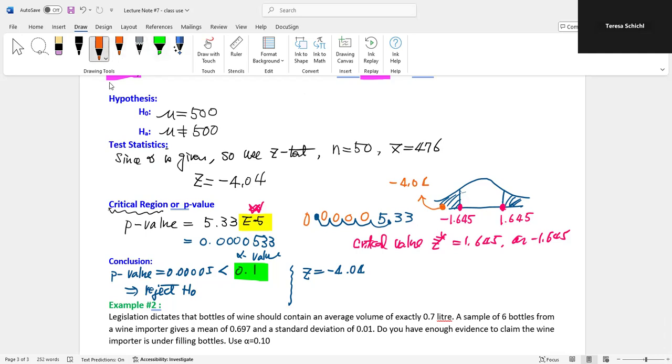So you will say the test statistic is inside. What do we call this shaded area? It's the rejection region. So what is the conclusion? We reject H0. All right, so this is the first part, using the z-test.